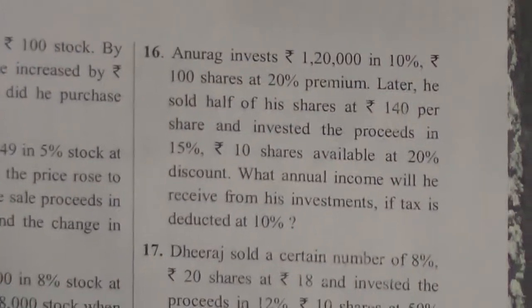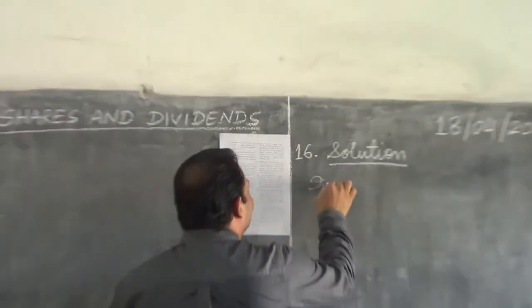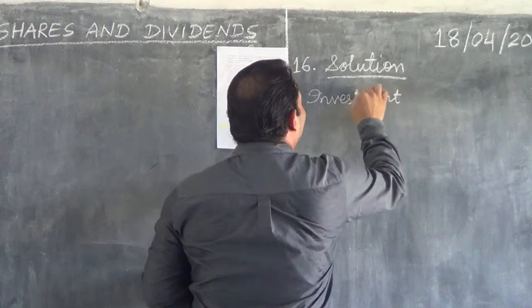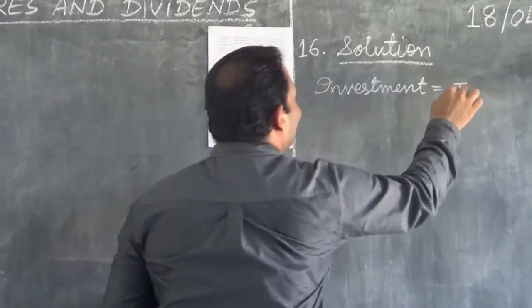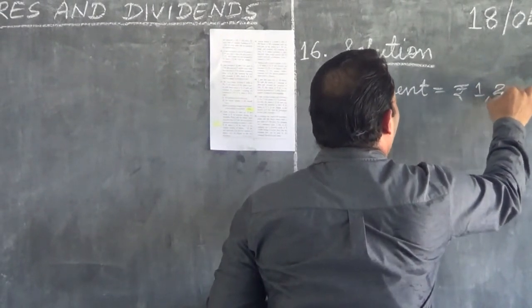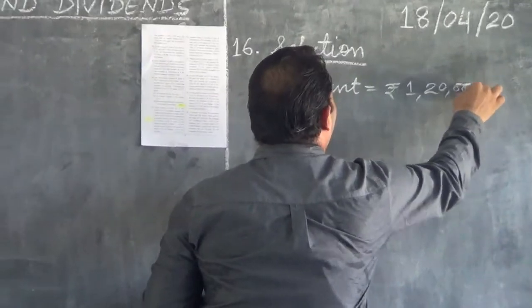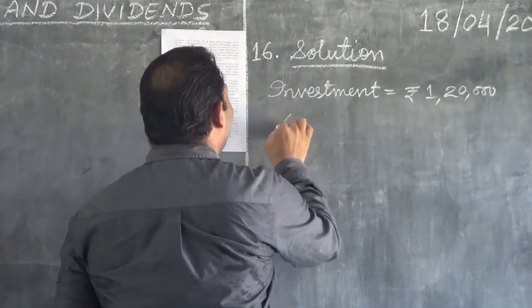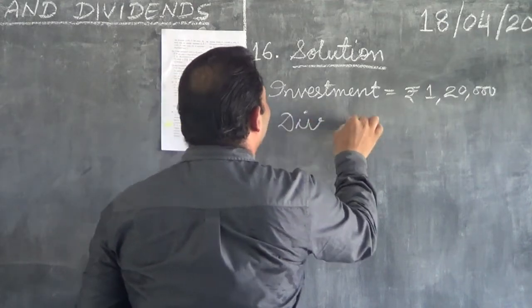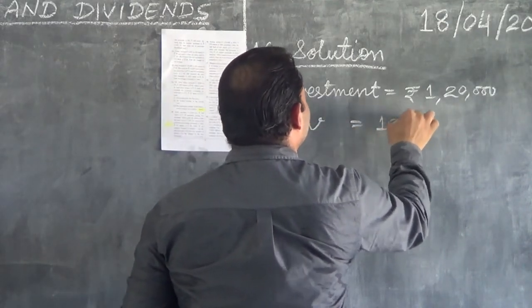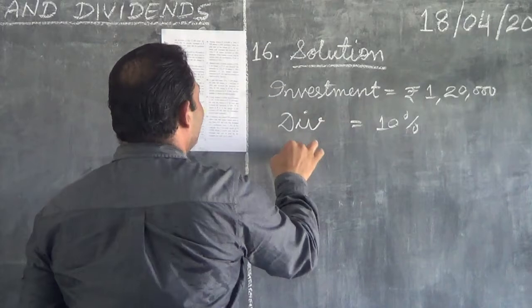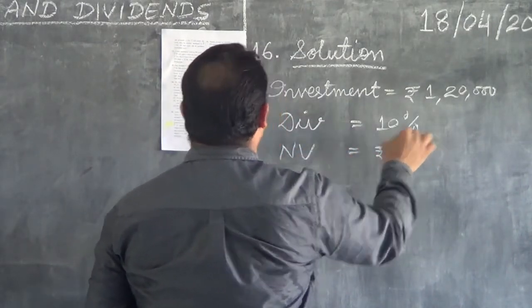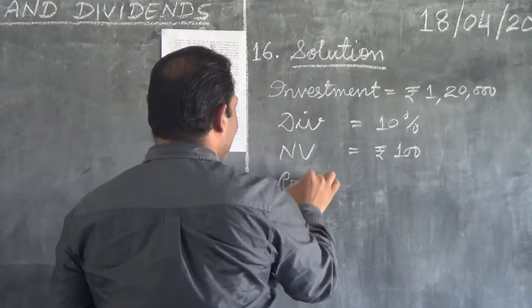Now we can write here investment: he had invested rupees 1,20,000 in 10% shares. So dividend is 10%. Nominal value is rupees 100 and premium is 20%.